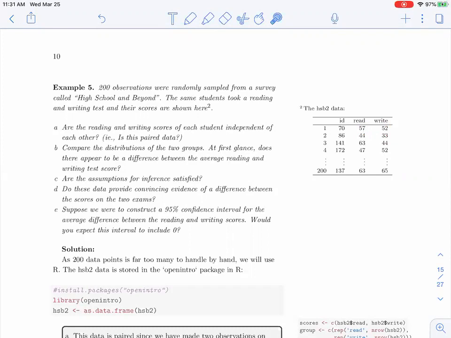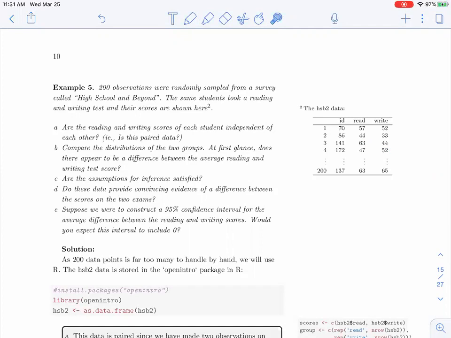The idea is the same: if you start slow and then you increase your speed, you're still going to be a slow runner, but you're going to be faster than you were at the beginning, right? And so that's the difference that we want to catch, and that's why we have to use paired data.